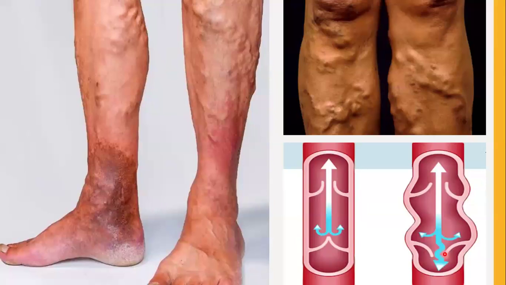Those distal segments, again, their valves will fail, and so on and so forth. It becomes a very vicious cycle. So in the long term, what we notice are tortuous, dilated superficial veins. That's what we call varicose veins. You can check out how they're managed.